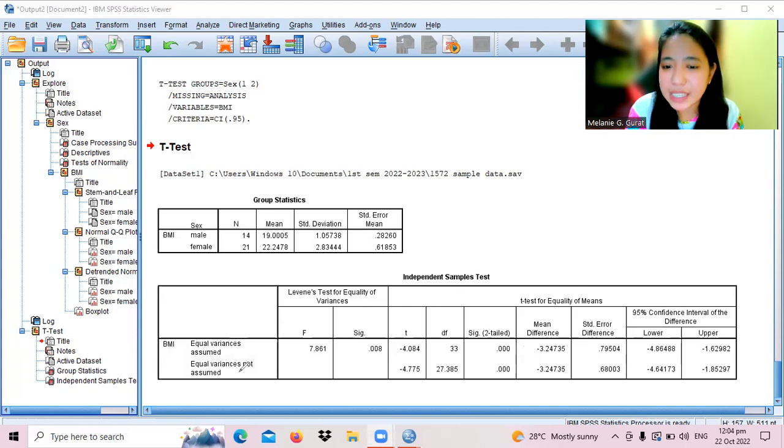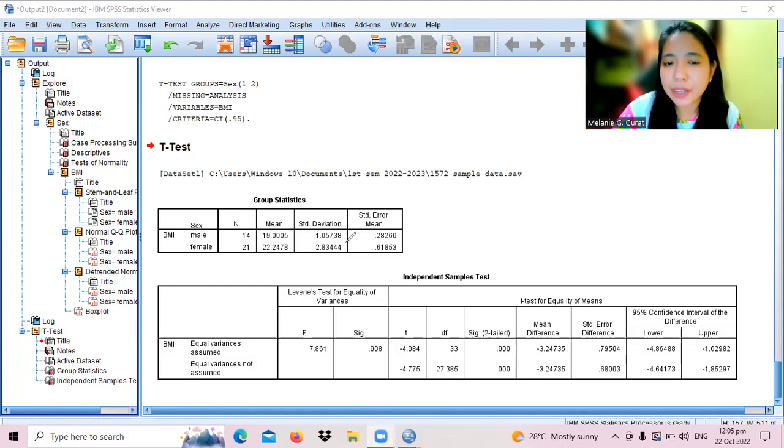Before we can decide which particular result we are going to report, though it's very obvious that the results here are the same, it's very important that we first check another assumption that we need to consider whenever we are using this test, and that is the Levene's test for equality of variances. Sometimes, this is also called Levene's test for homogeneity.